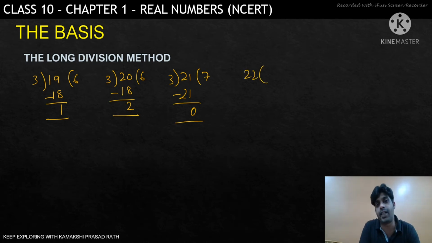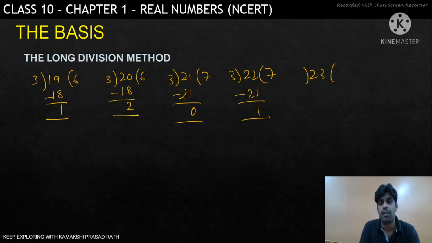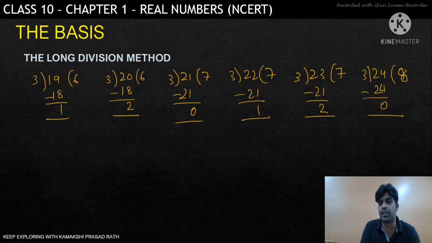If we divide 22 by 3, 3 sevens are 21, the remainder is 1. If we divide 23 by 3, the remainder is 2. If we divide 24 by 3, 3 eights are 24, so the remainder is 0. Now just observe the remainders here.